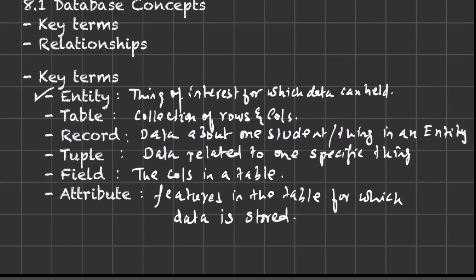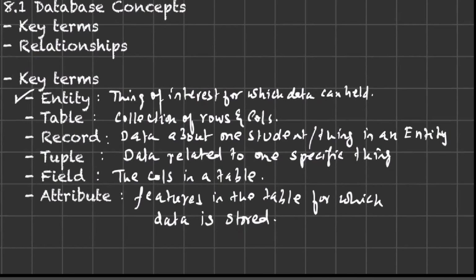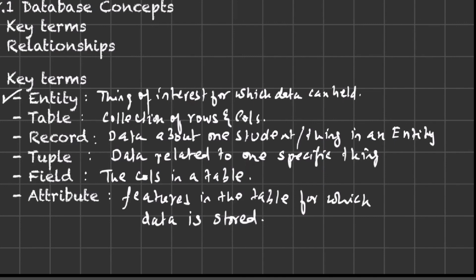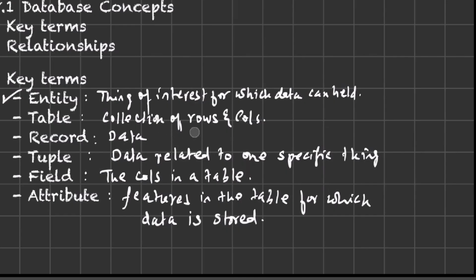Record and tuple are basically the same. A record is the data kept in one row, and the tuple is the data related to one specific thing or person.